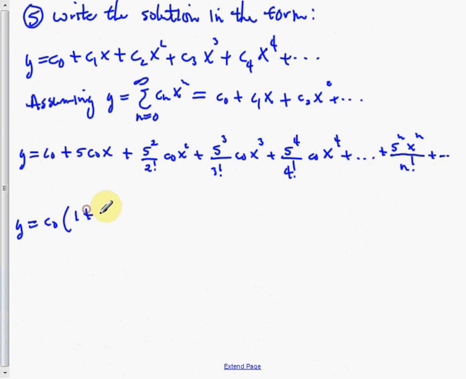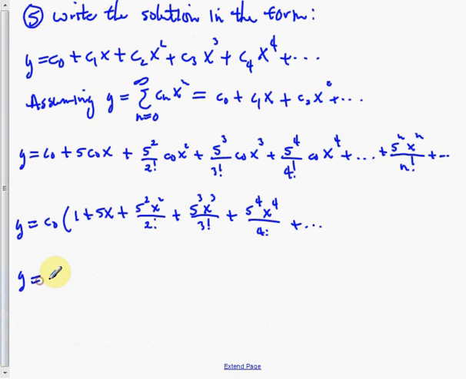So this is y is equal to, factor out c naught, I have left 1 plus 5x plus 5 squared times x squared over 2 factorial plus 5 to the third times x to the third over 3 factorial plus 5 to the fourth times x to the fourth over 4 factorial, and so on. Do you see what this is?